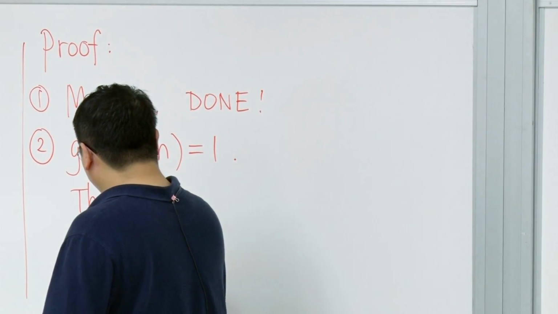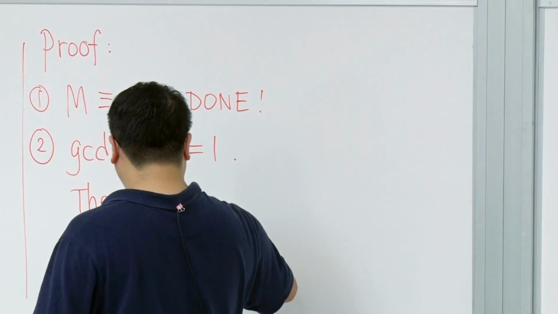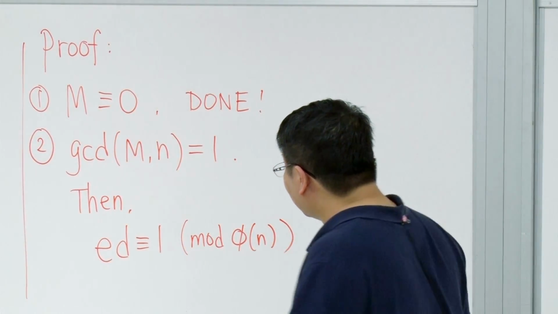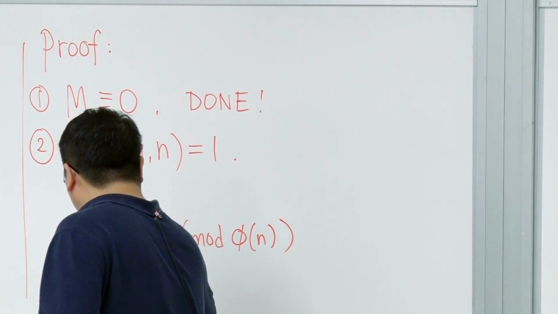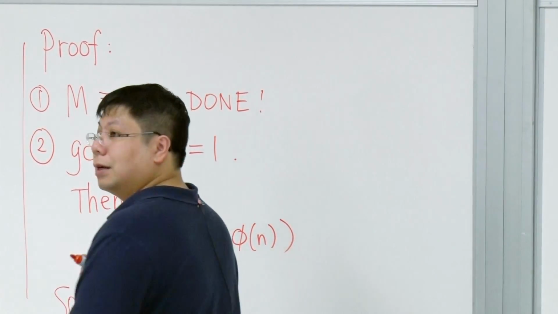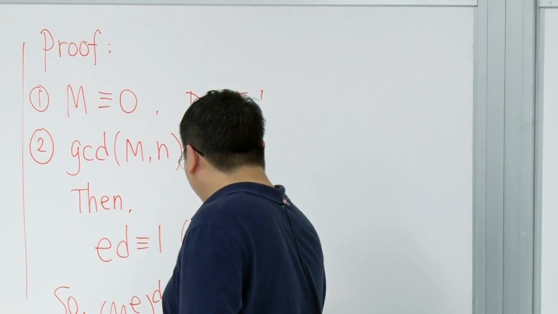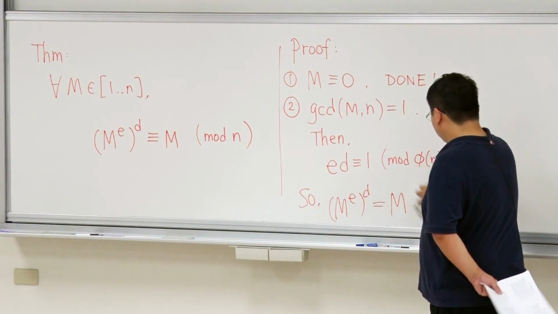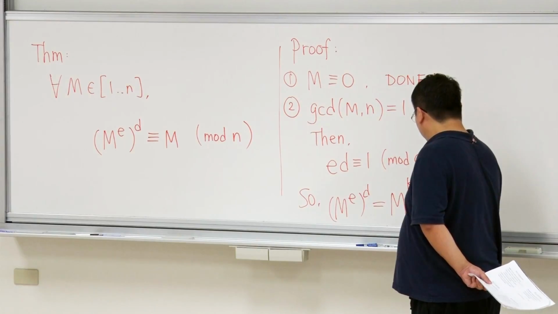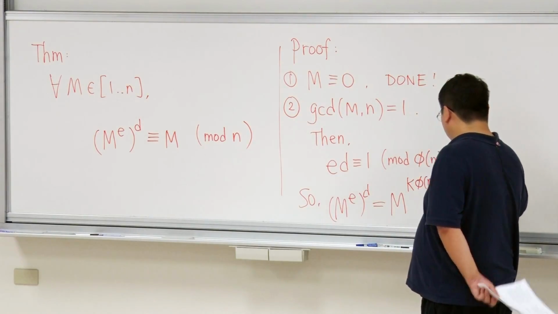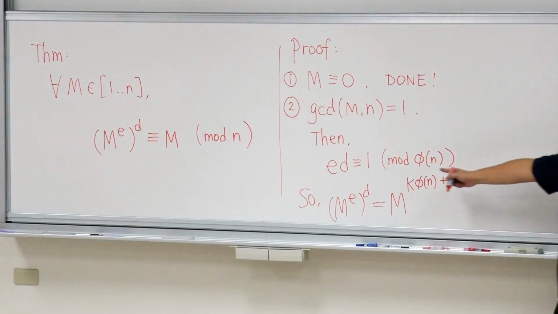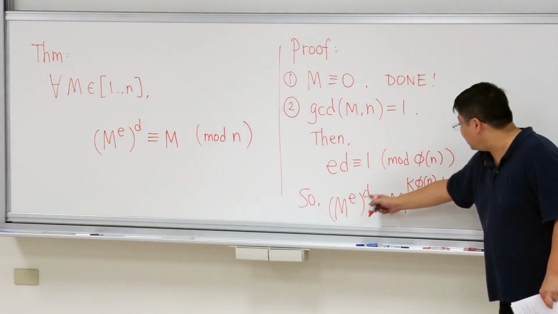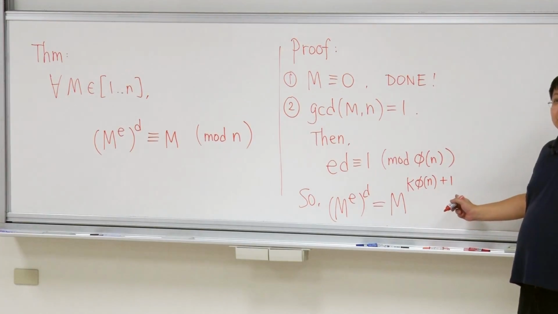We have E times D equal to 1 mod phi N. This is how we choose E and D. So M to the power E to the power D is equal to M to the power of some multiple, let's call it K. Because E times D is a multiple of phi N plus 1, so you can write ED as K times phi N plus 1.